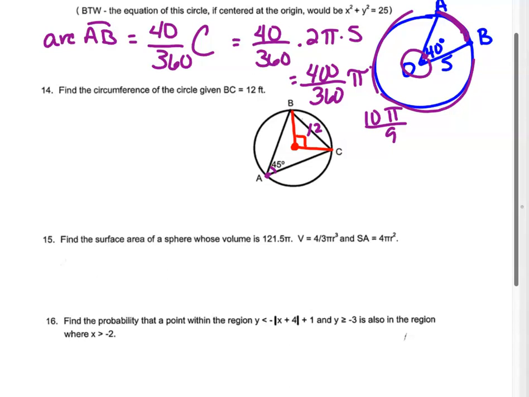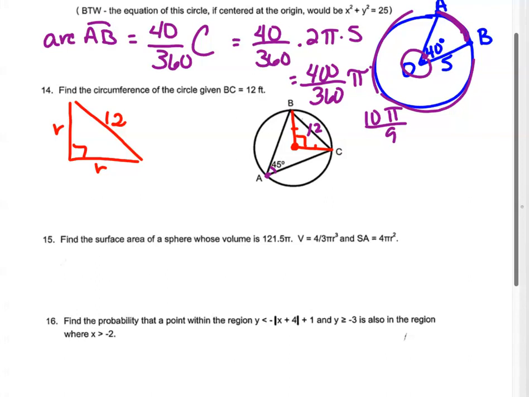We also know that we have an isosceles triangle, and each of these sides would be the radius of that circle. So we really have a triangle that has a 90-degree angle and two sides that are the same. They're telling us that this measurement is 12.